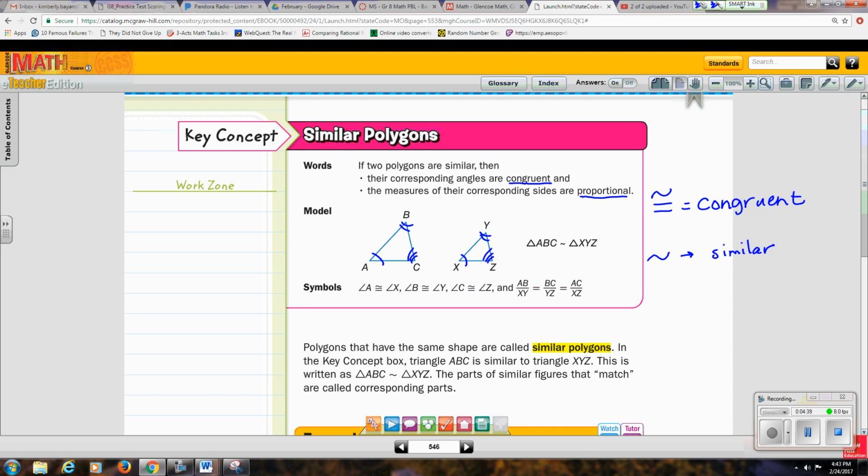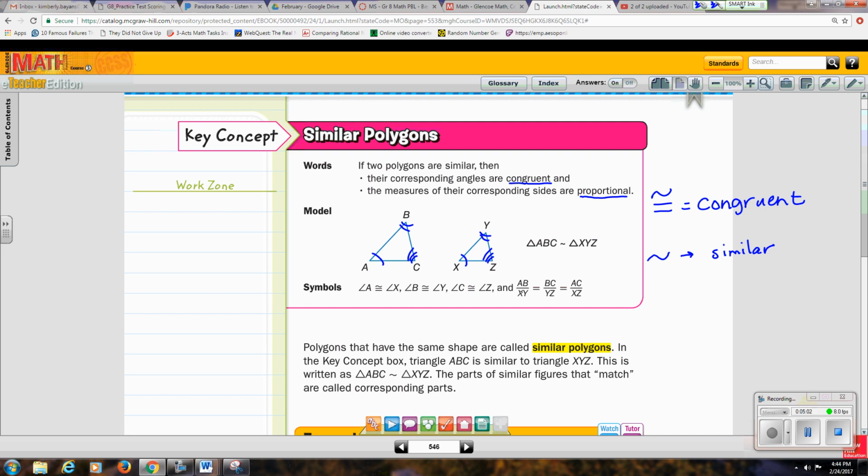Okay. The corresponding angles are congruent, but the sides are proportional. So notice they did side AB over side XY. And then they did side BC over YZ. And then they did the measure of AC over XZ.